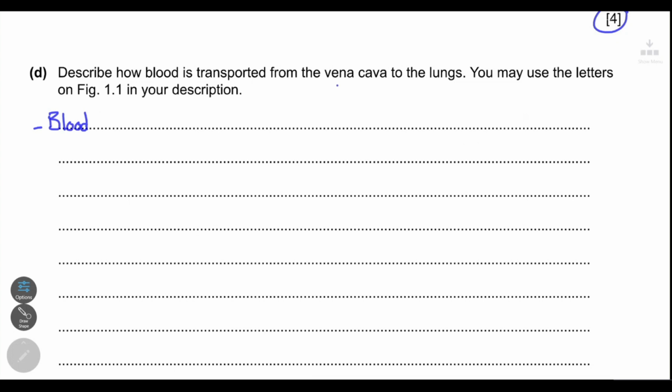Okay. He says from the vena cava, so we'll start from the vena cava and end up in the lung. So the blood enters the right atrium.